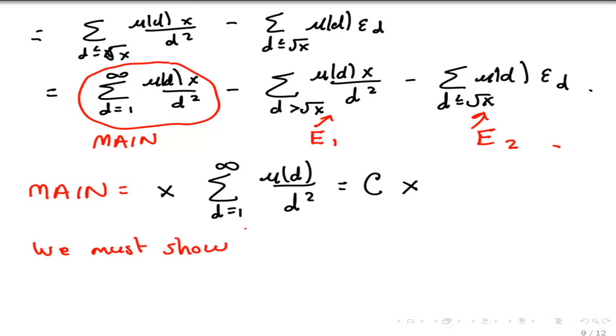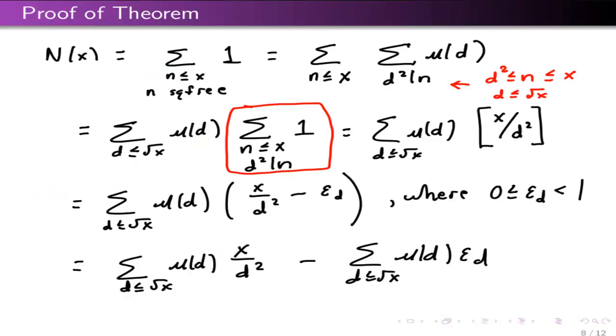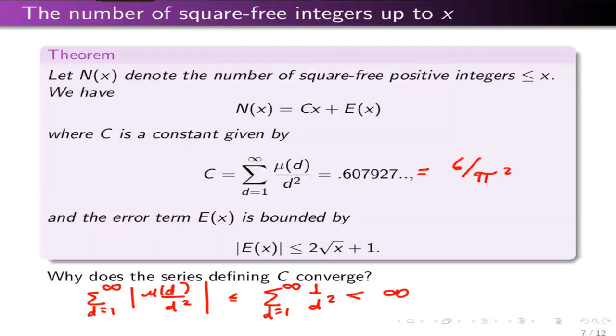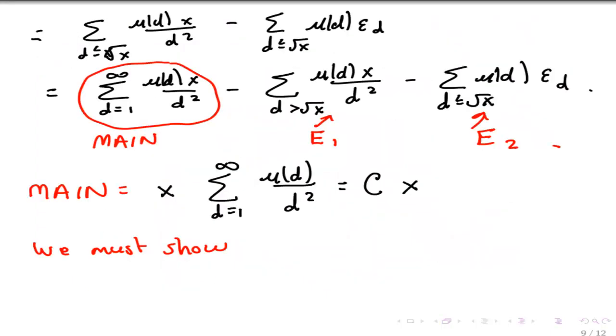that these error terms add up to at most what the theorem was stating. So the theorem claims that this error piece right here is bounded above in absolute value by 2 times the square root of x plus 1. So we need to show that E1 plus E2 is less than or equal to 2 square root of x plus 1.